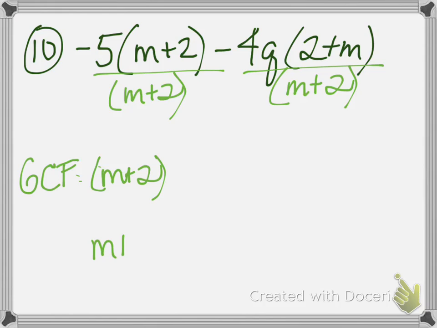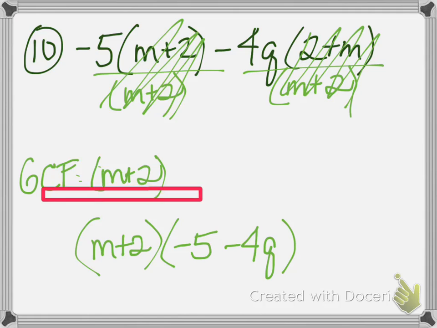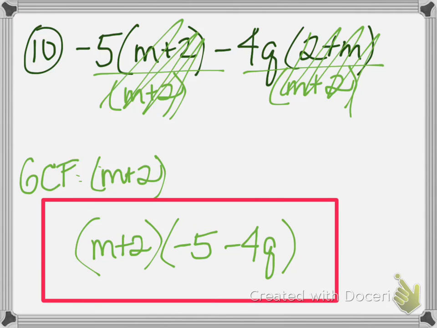The m plus 2 is my first set of parentheses, and then I multiply that by, since this cancels, I'm left with just the negative 5, and this cancels, I'm left with a negative 4q. And there is number 10.